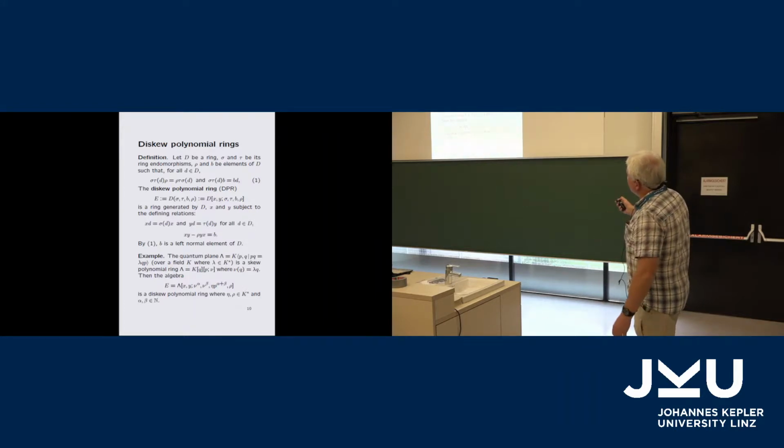Okay, so if you want to satisfy this condition, when you look at element B, this is left normal, because when we move D to the left, it is twisted by this endomorphism.